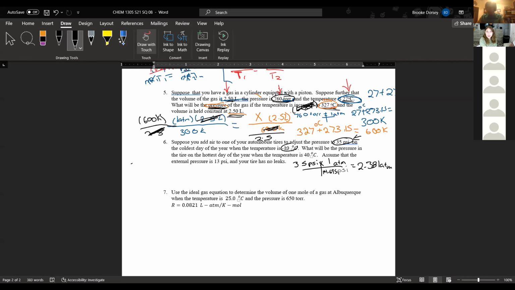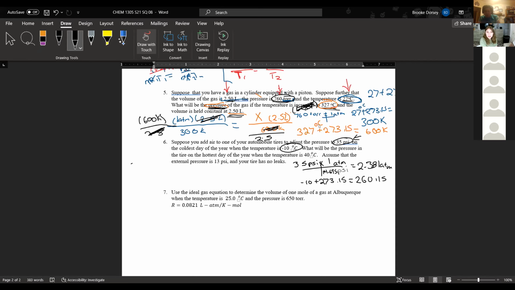The next thing we look at is our temperature. This one is in what? Celsius. And we want to go to? Kelvin. Same routine we just did. You add 273, and what do you get? 263. 260.15. Perfect.